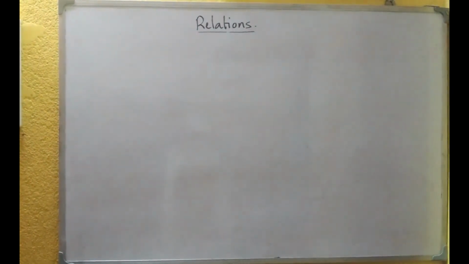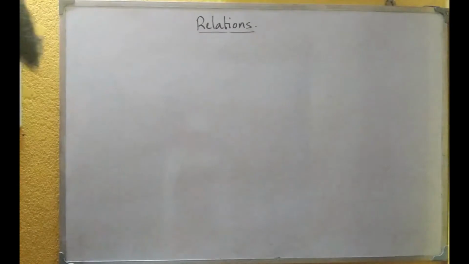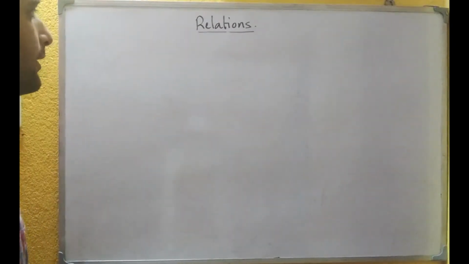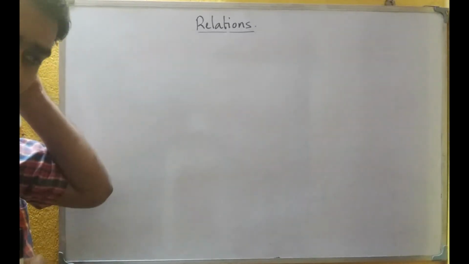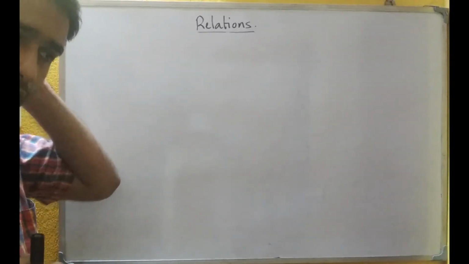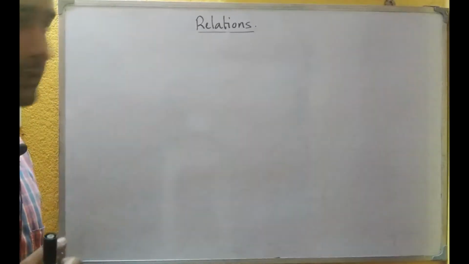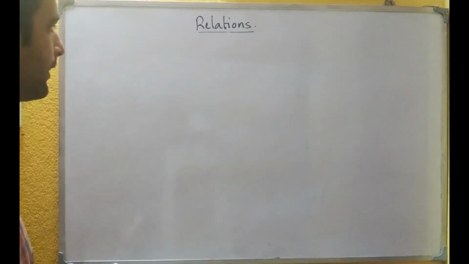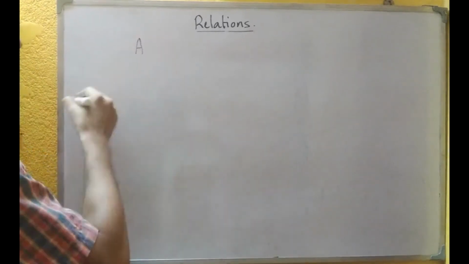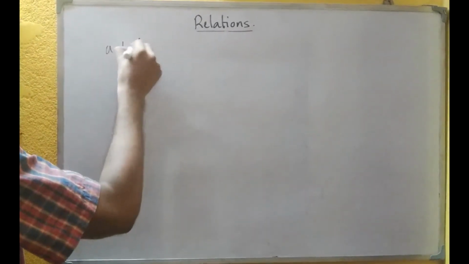In the literal sense, a relation means some kind of rule that will link two elements of a set or two elements from two different sets. Suppose we are taking the set A and we are taking two elements from that.